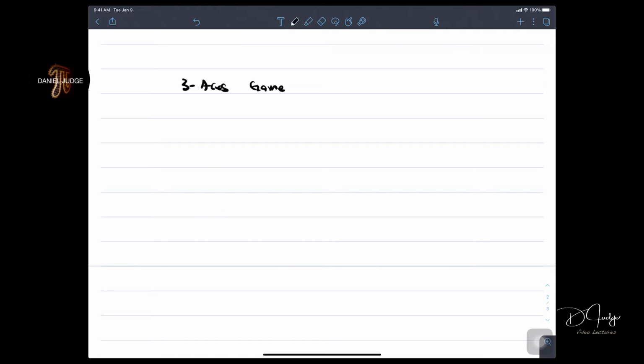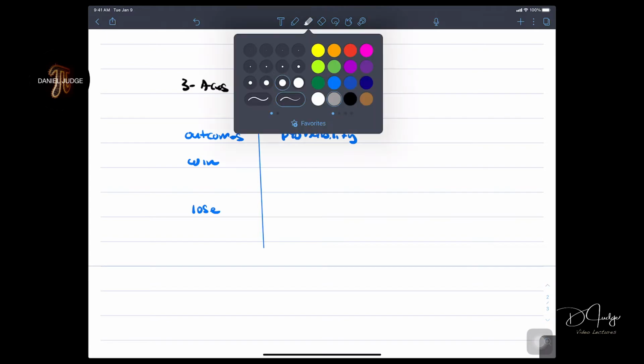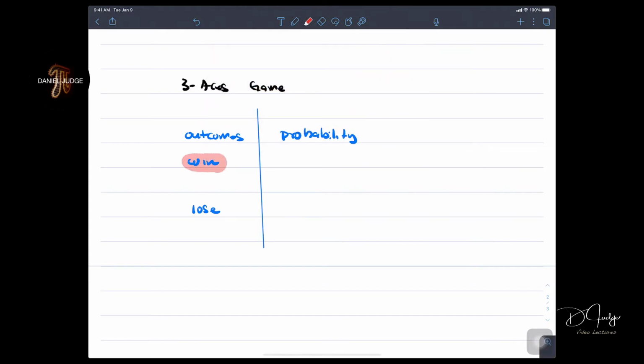Okay, so let's set this up. It's a gambling game. You win or lose. These are the outcomes. We're going to talk about probability here, since this is an expected value. So how you win this game is by selecting 3 different aces.